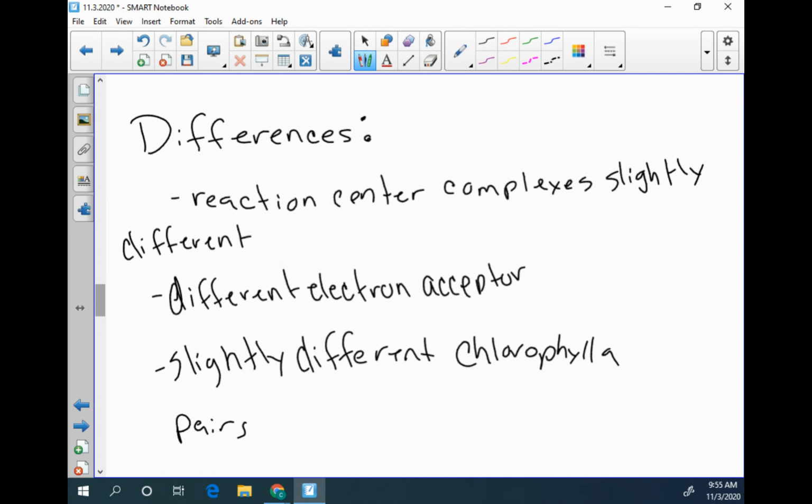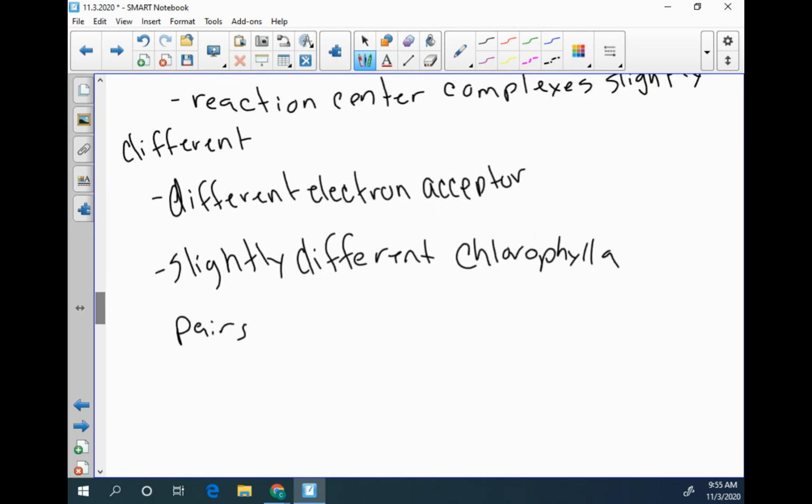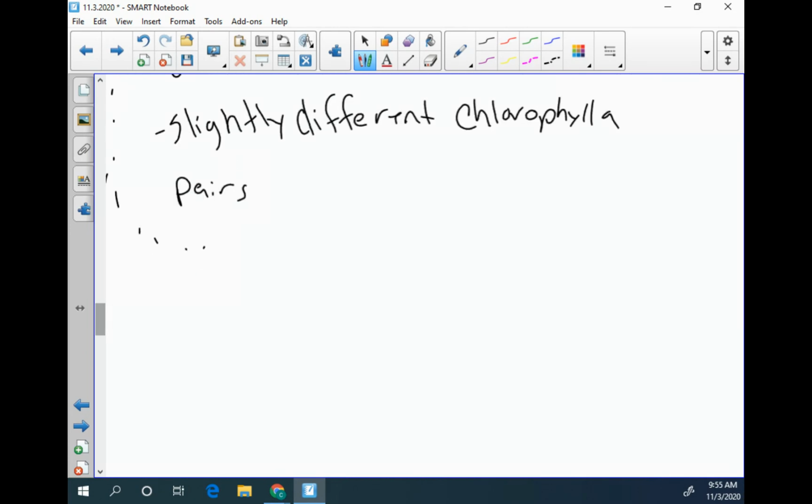Talking about their reaction center complexes, the reaction center complex in PS2 is also called P680 because it absorbs mostly wavelength 680.